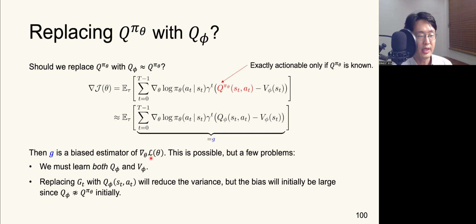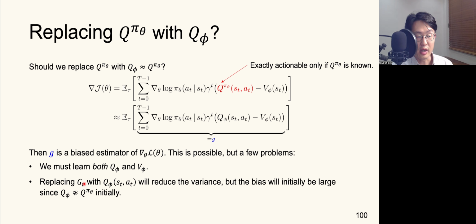One problem is that this would be inconvenient because we must learn both Q and V, and we don't want to do that. Each additional neural network in my system is an added layer of complexity. So I don't want to separately learn both Q and V. Another option is just GT.